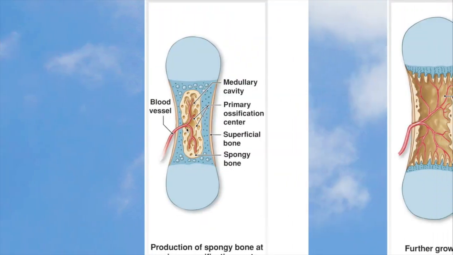Then blood vessels are going to penetrate the cartilage, bringing osteoblasts into the center, and these form what's called a primary ossification center. Here's ossification down there. And bone formation is going to spread along the shaft towards both ends of the bone.